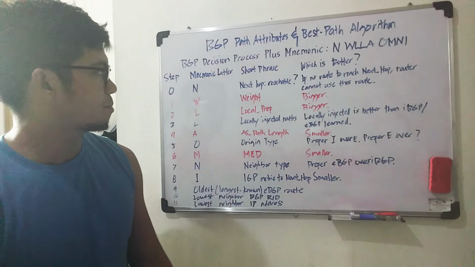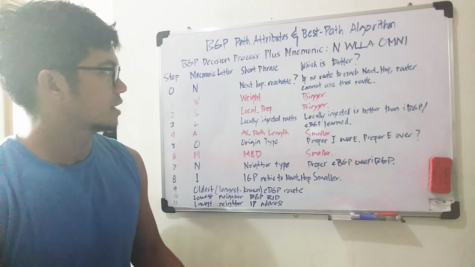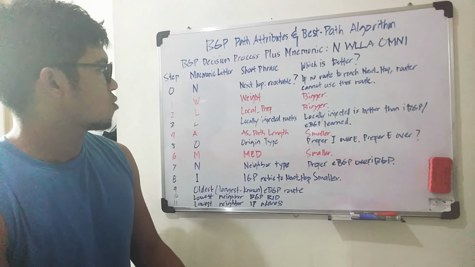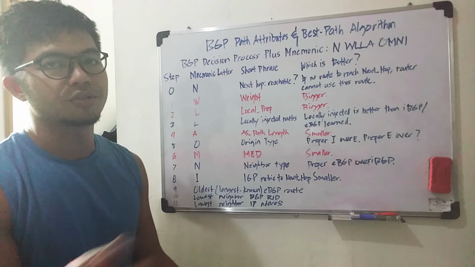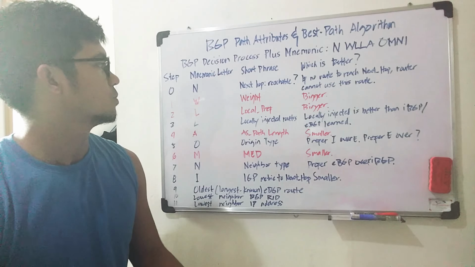BGP is going to select the path with higher weight, as you can see here. And it is only local to the router. It's not communicated between routers or inside the AS.